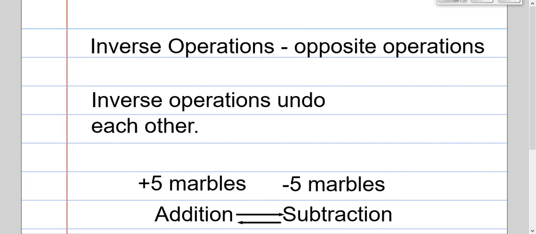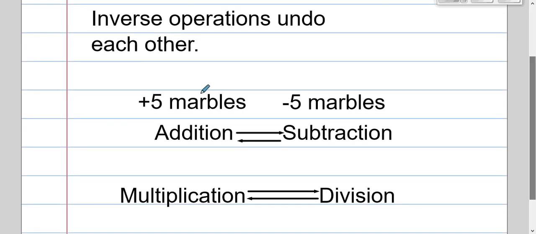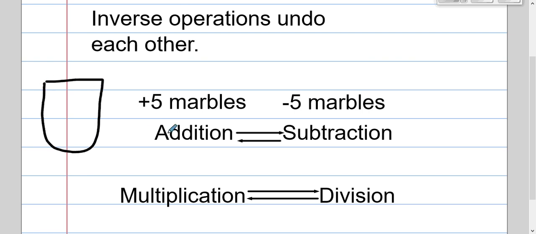An inverse operation: inverse is basically a fancy word for opposite. So opposite operations. Inverse operations undo each other, or we can say opposite operations undo each other. So let's say I had a jar over here, and if I add 5 marbles to it, to undo that, I would need to subtract those 5 marbles.